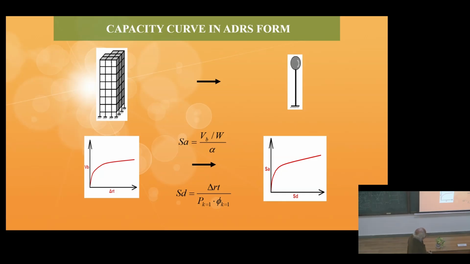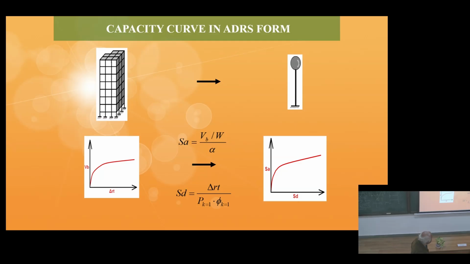Now in the next slide, you can see an important thing which you know already. I have a VB by delta T plot. Now this VB delta T plot can be converted into an SA SD plot.